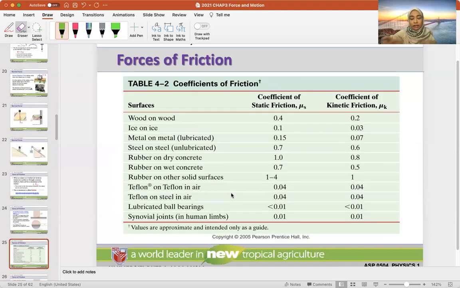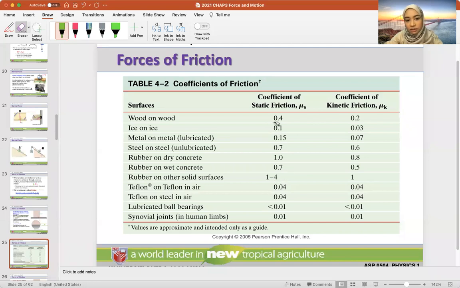So kalau kita geserkan wood with wood, okay, so the coefficient of static friction is 0.4 and the coefficient of kinetic friction is 0.2. So sekarang kita ada 2 types of coefficient. The first one being static and the second one being kinetic. Okay, nanti kita akan masuk. Okay, so ada perbezaan lah.